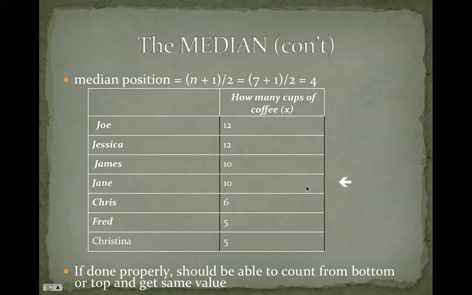If you've ordered your data correctly, it should be the same position either way. In this case, our median position is 4, which is associated with the median value of 10. So the median number of cups of coffee drank by the 7 people in this particular survey was 10.